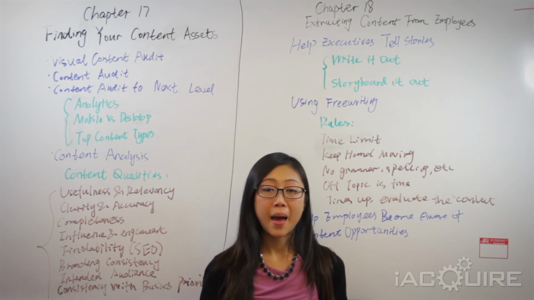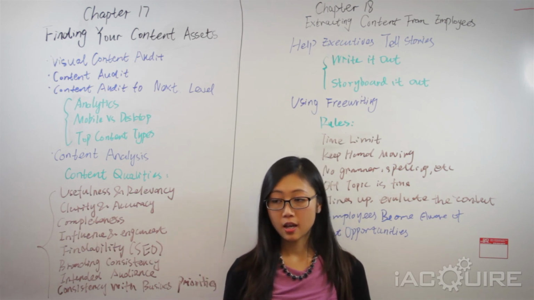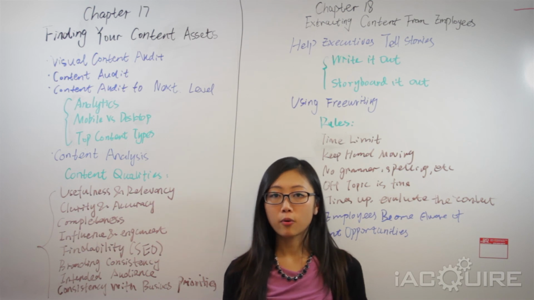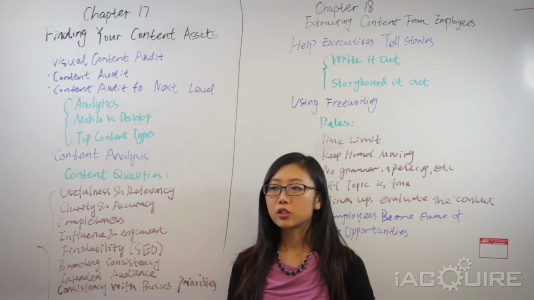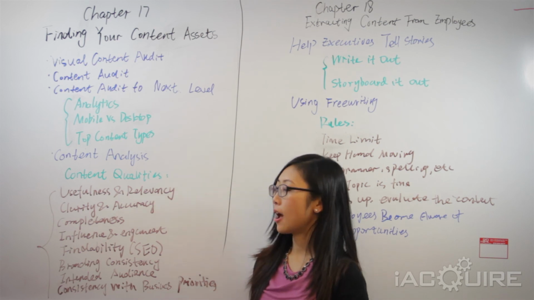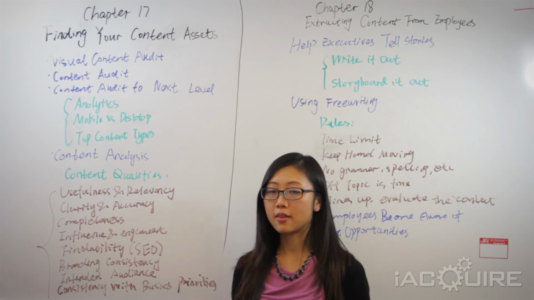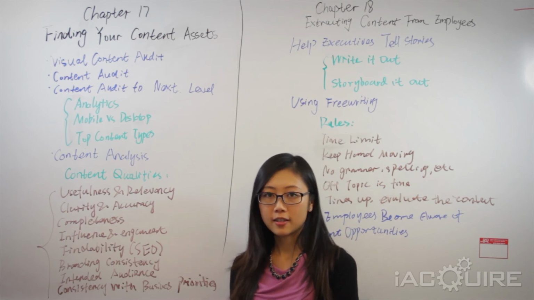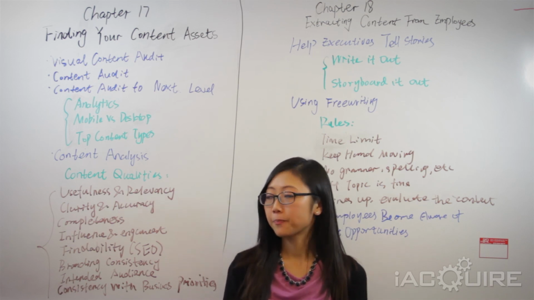Is there any bad link, any missing meta descriptions, or weak calls to action? By doing content analysis, you figure out the issues, then you can fix them, and then you generate more opportunities for your content.